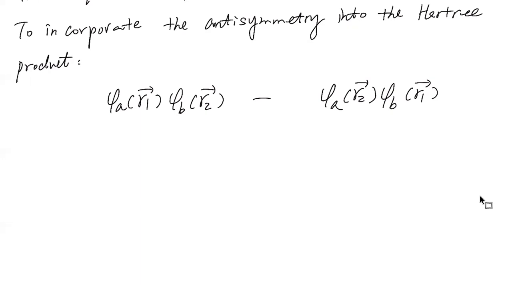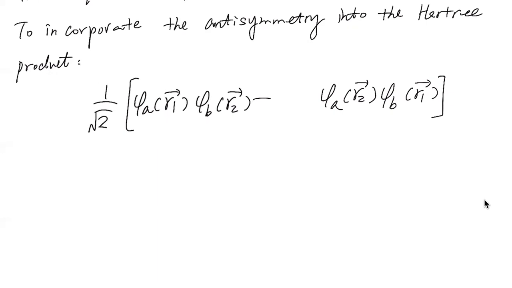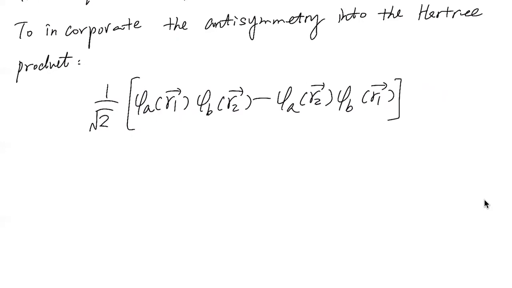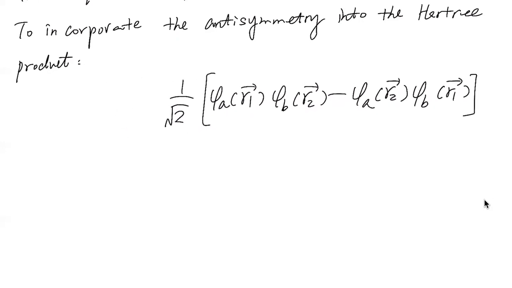And because the total wave function is normalized, we should put 1 over square root 2 in front of this linear combination. And this is psi R1, R2.